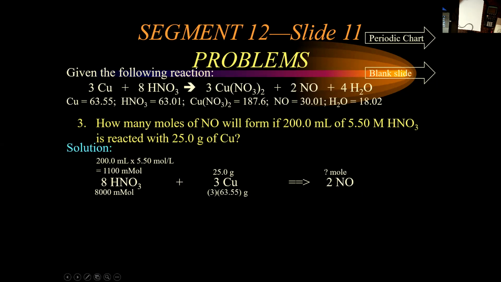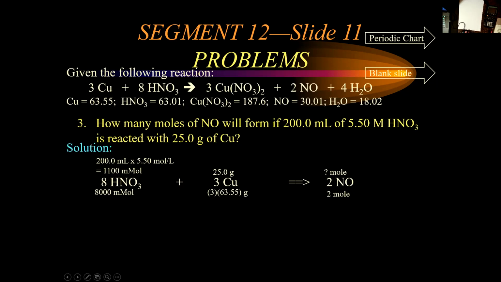It asks for how many moles. Equation showing 2. How many moles? See, I can read this equation. How many moles of nitrogen monoxide is formed from 25 grams of copper and 200 milliliters of 5.5 molar acid? I can read that problem from this setup.